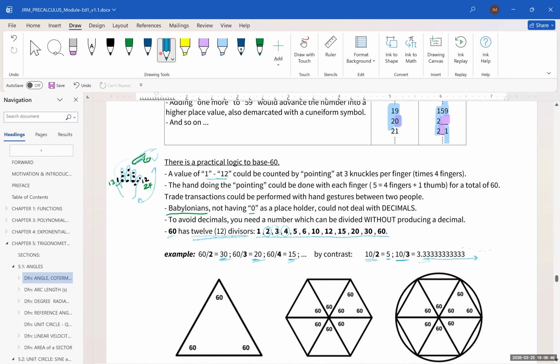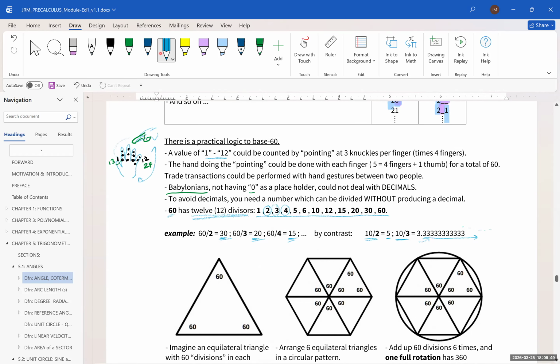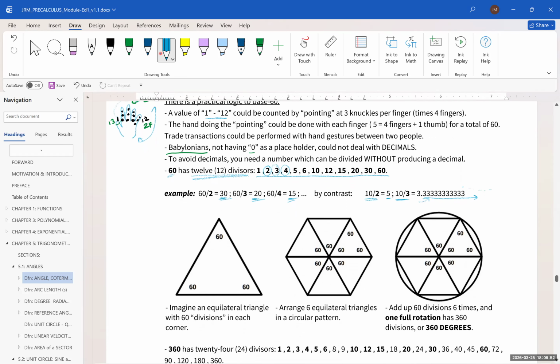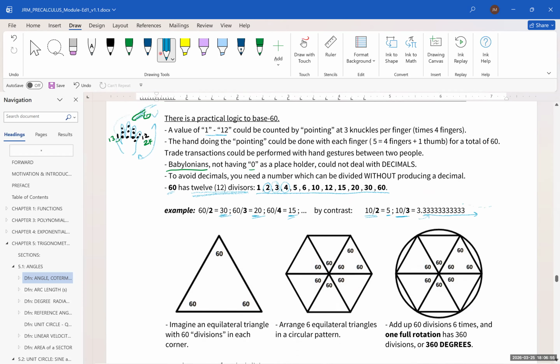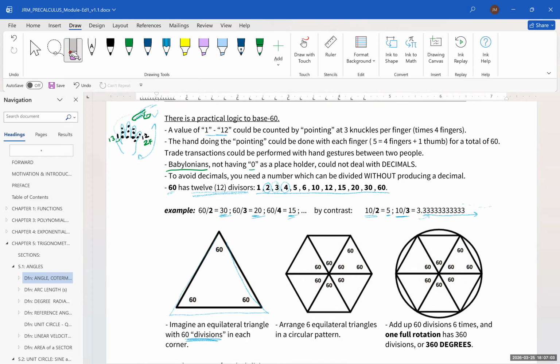And so if you take an equilateral triangle and you make each equilateral triangle so that it has 60 divisions in each corner, and then you arrange 6 equilateral triangles in a circular pattern, you add up all the 60 divisions 6 times, because you've got 1, 2, 3, 4, 5, 6. You've got 6 60s as you go around.